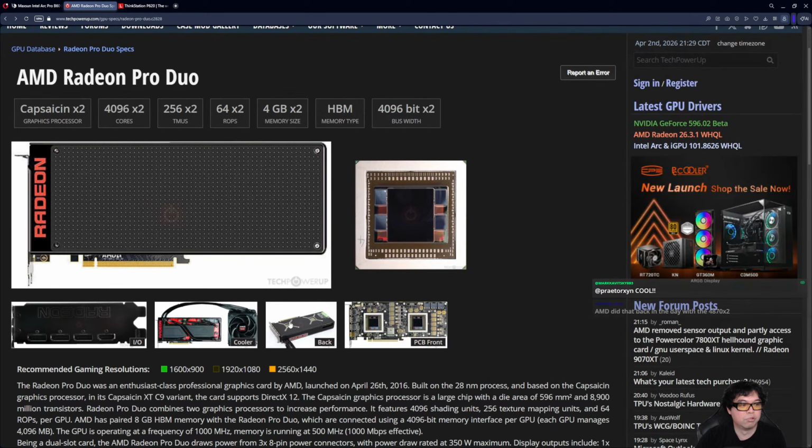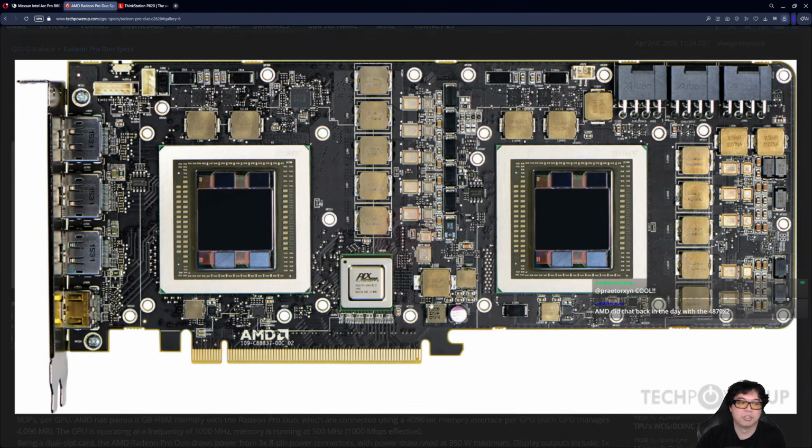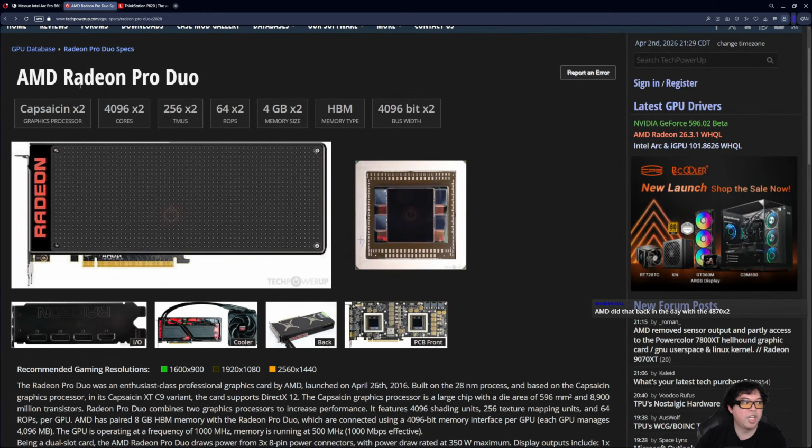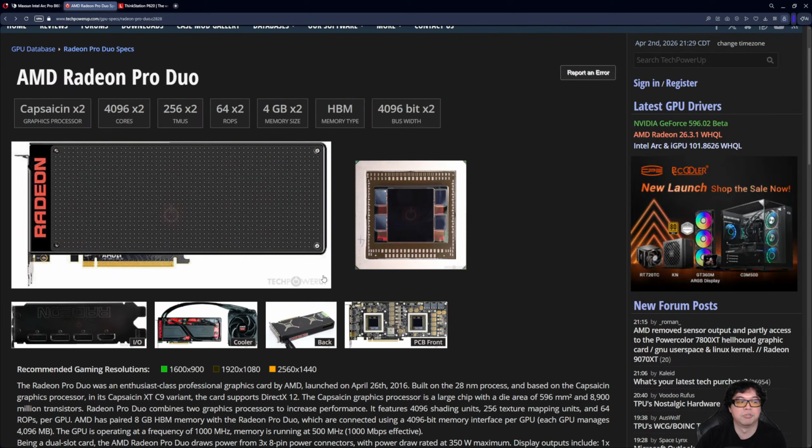This is a dual GPU. You can see on the back it has two chips, literally two GPUs soldered on the same PCB. The Radeon Pro Duo was released in April 2016. This GPU is almost 10 years old.